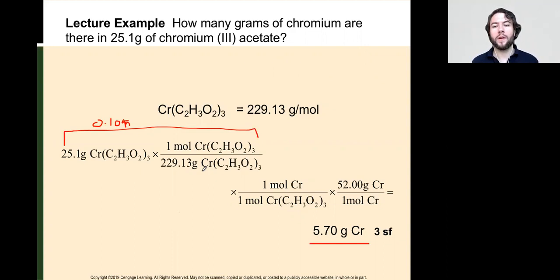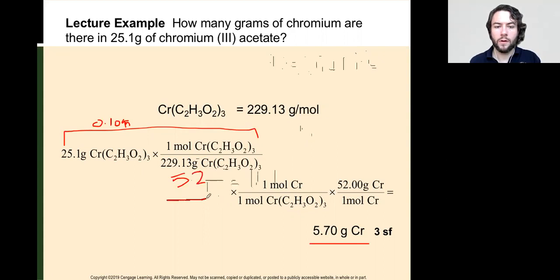So from that, what we're going to do is chromium has an atomic mass of 52. So this part here is going to become 52 over 229.13.